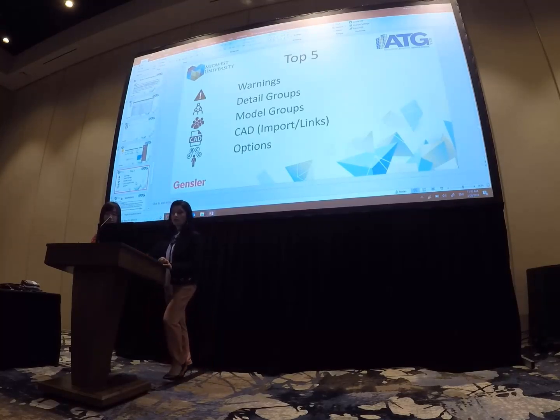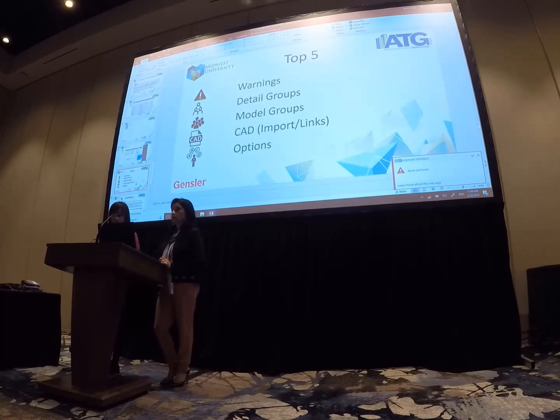So the top 5 that we are monitoring are warnings, detail groups, model groups, CAD imports and links, and options. We also monitor text, lines, or dimensions, like Wanyu showed you in one of the slides before. There's a lot of information.